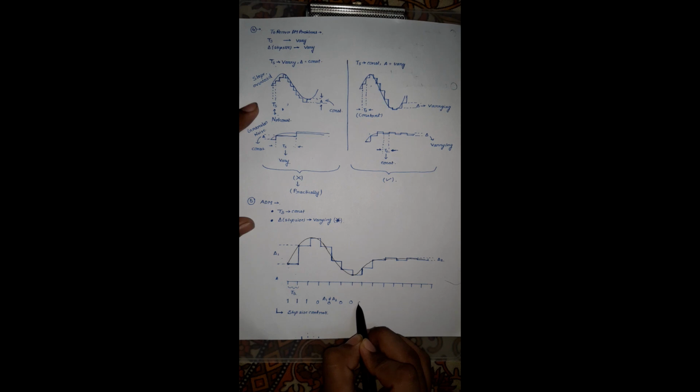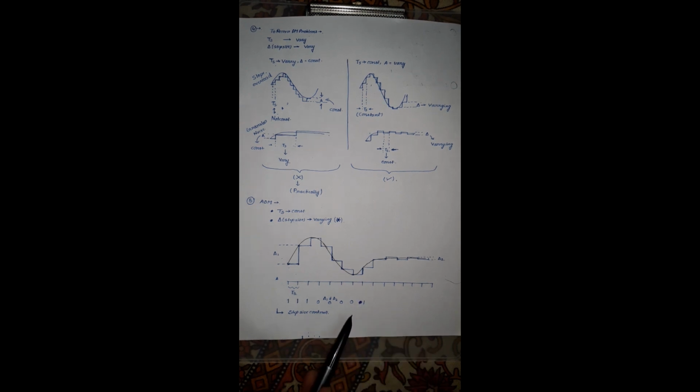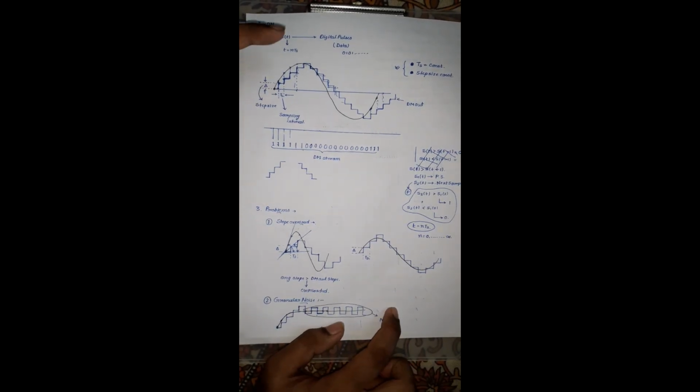The difference is that the production of these 1s and 0s is considered upon the variation of the input signal. In case of delta modulation, as the step size and the TS were constant, it was checking the input signal, but it was not checking the variation of the input signal.